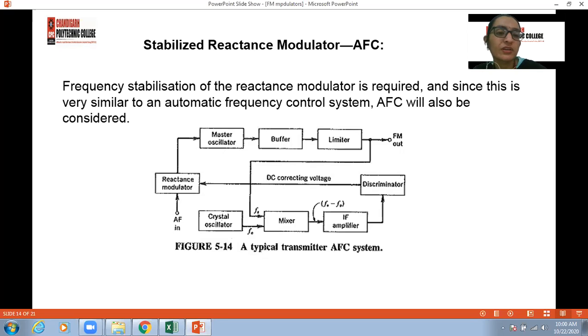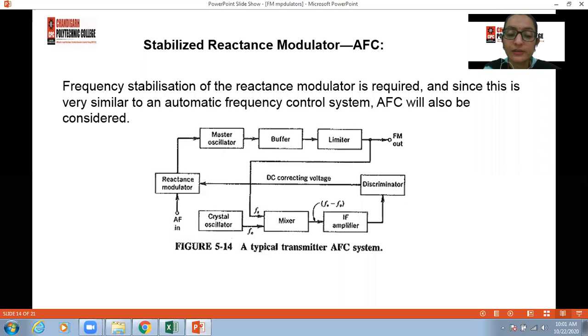Now, starting with the working of the reactance modulator, the diode load of the discriminator has a large time constant. Therefore, it will only react to very slow changes in the incoming frequency, not the changes due to frequency modulation. The discriminator in the circuit must be connected to give a positive output if the input frequency is higher than the discriminator frequency, and a negative output if it is lower.